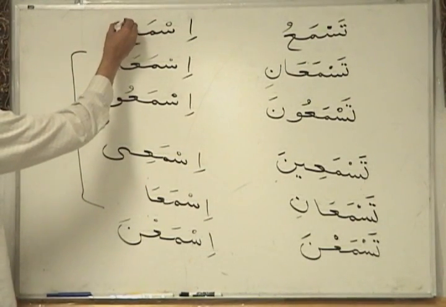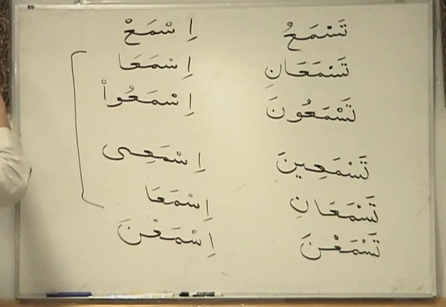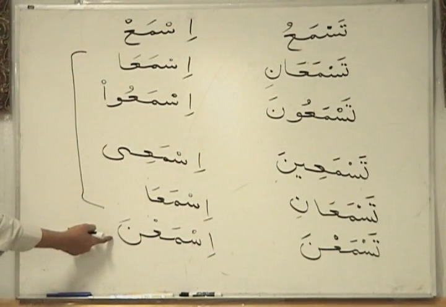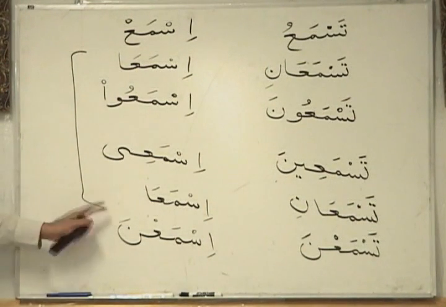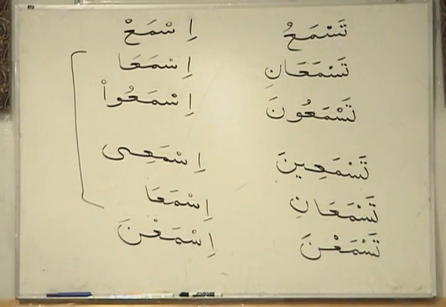The last one, and you're done. And here, do nothing. Do nothing here. Just leave it like that. Isma'na means all you women, 3 or more.